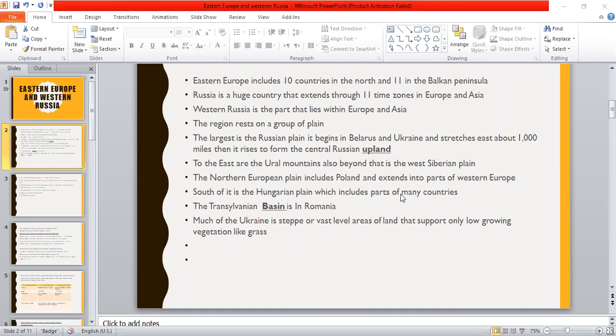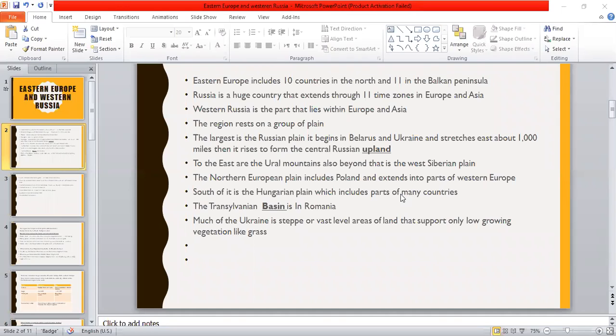Also, the area is very rich with rivers, canals, lakes, and reservoirs. In Eastern Europe and Western Russia, most of them, as any river in any area, will be used for transportation for both passengers and goods. They are also used for creating electricity. So these two reasons are very fixed.